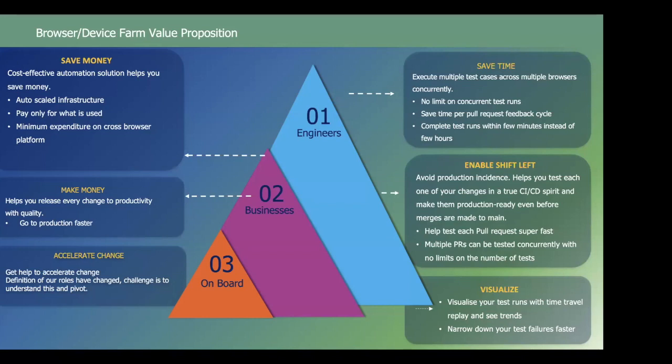As I say, the definition of our roles has changed, and the challenge is to understand this and pivot. We can't just say, oh no, I'm just going to do this. But how can you step up and embrace other technologies and mechanisms to make your life easier? So I think that's pretty much from my side.